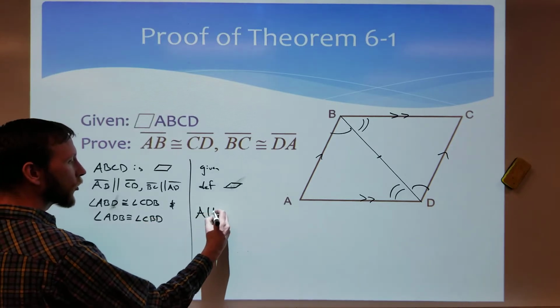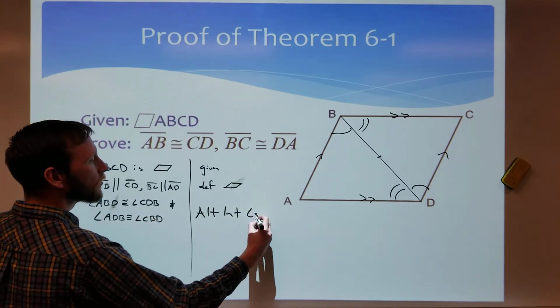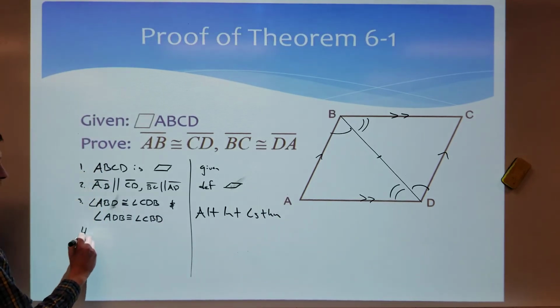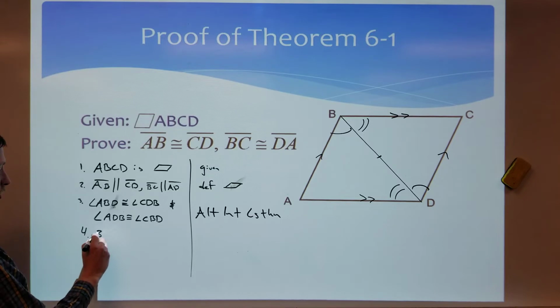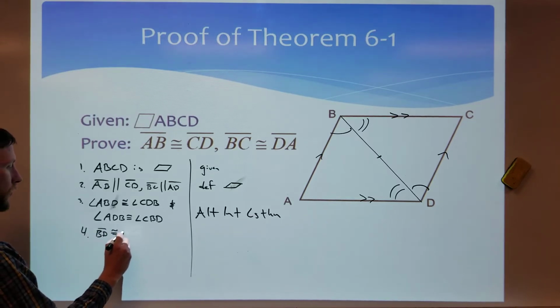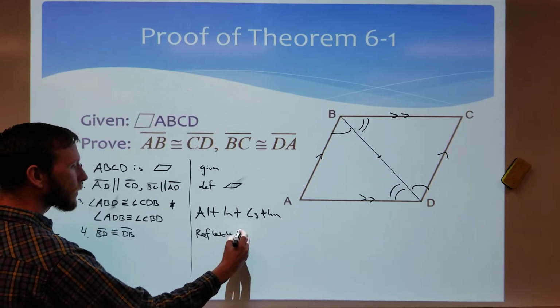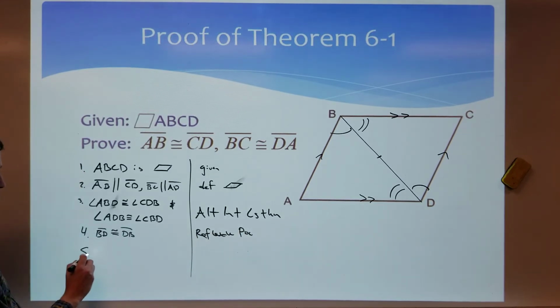This is by the alternate interior angles theorem. So step 1, step 2, step 3. Step 4 is the reflexive side, BD congruent to itself. Therefore, the triangles are congruent.